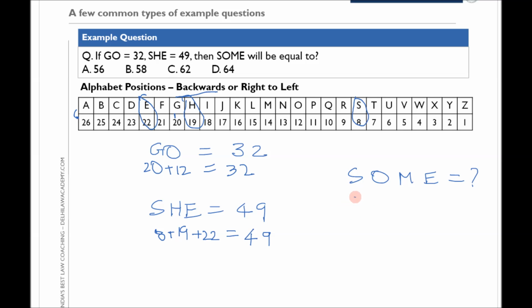So again, S is 8, O is 12, M is 14, and E is 22. So if I add these up, 22 plus 14 is 36, 38, 48, 48 plus 8, 56. That's my answer. 56, which is choice A. So the answer is A.